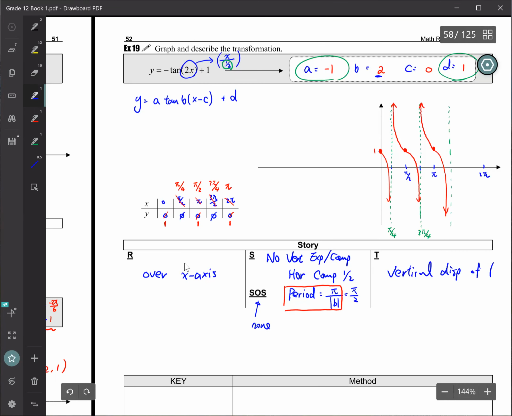Let's draw the scales. So another asymptote will be here. This will be the third period. First copy is here, second copy, third copy, and then the fourth one. So within 2 pi, you can fit it 4 times.